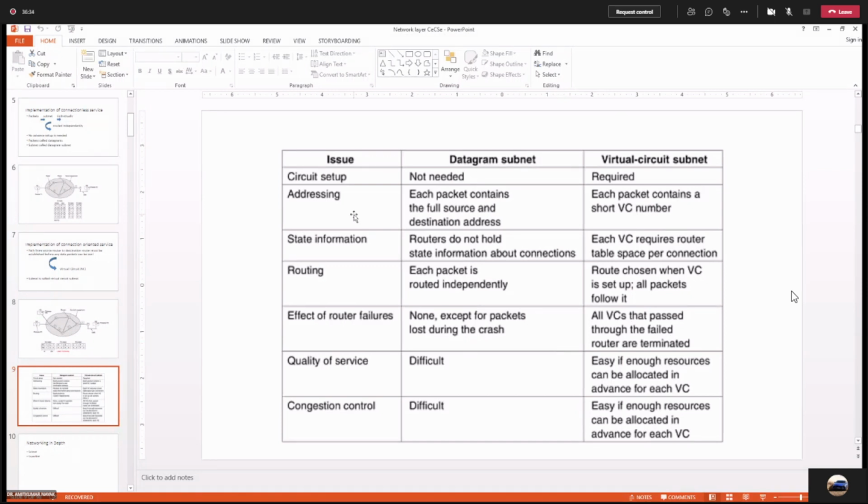The issues are available on your screen. You can consider circuit setup, addressing, state information, routing, effect of router failure, quality of service and congestion control. With respect to all this, you can explain the difference between datagram subnet and virtual circuit subnet.